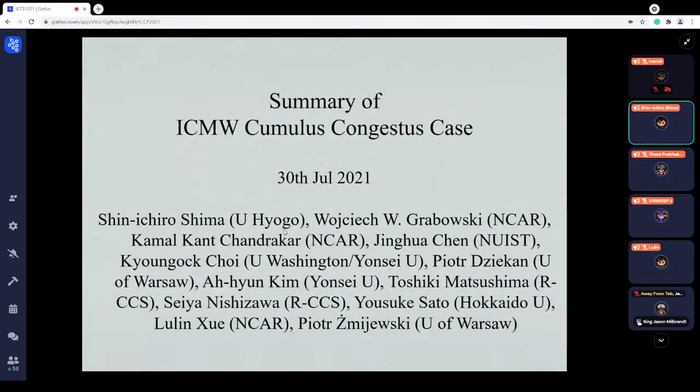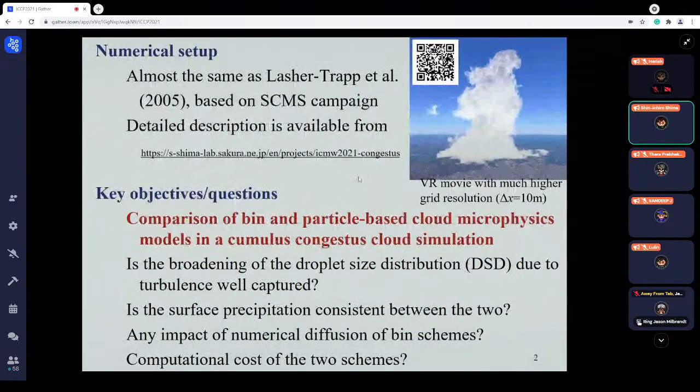Let me summarize our case on the single cumulus congestus case. The numerical setup is almost the same as Lasher-Trapp et al. 2005, and this is based on the SCMS campaign. You can find the detailed description on the website of this MIP project.